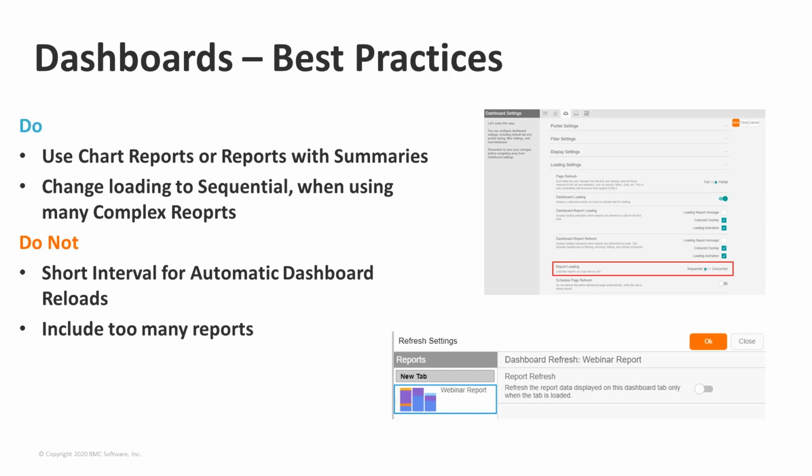What not to do? There's an option that I will explain in my demo to reload the reports every selected number of seconds. Please avoid using this option. I'm going to show it later in the demo.